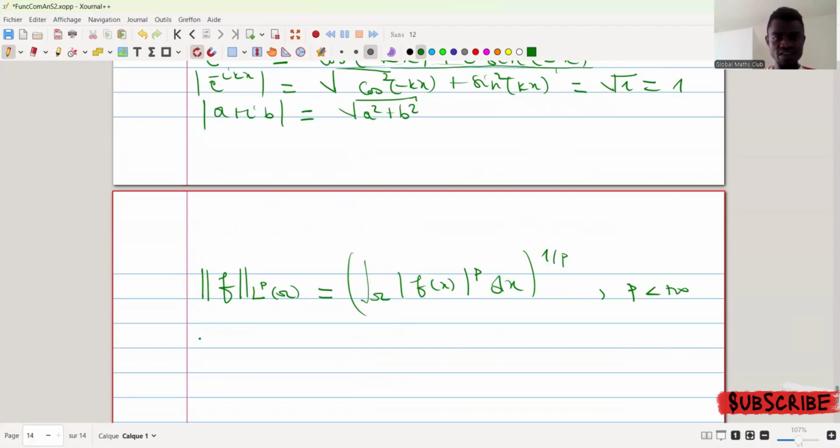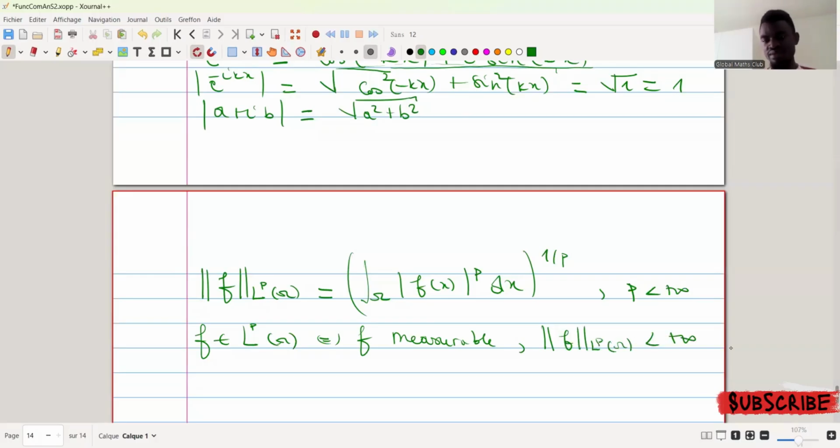And f belongs to Lp means that f is measurable and the Lp norm is finite. That is the meaning of being in Lp.